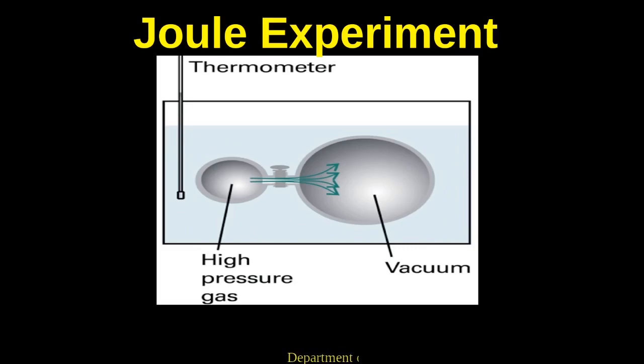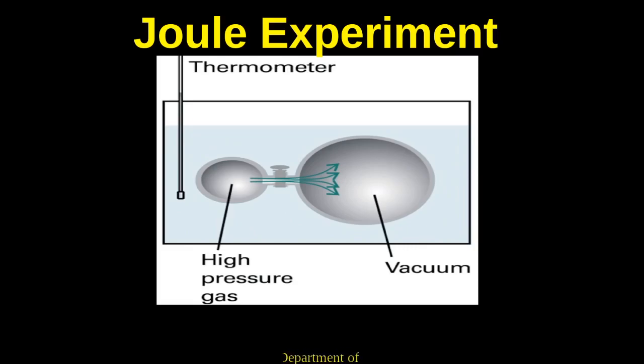According to Joule, this experiment also shows that the internal energy of the gas is a function of temperature only, irrespective of the changes in pressure and volume. Thus, so long as the temperature of the gas remains constant, its internal energy U remains unchanged.